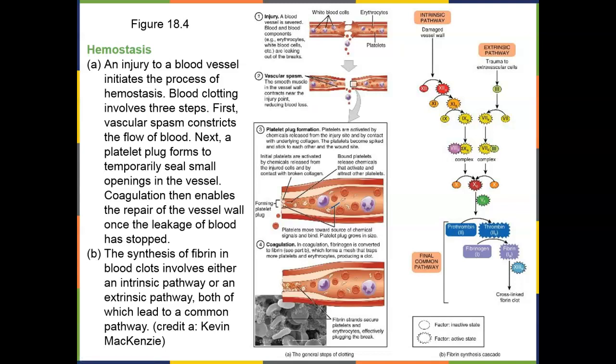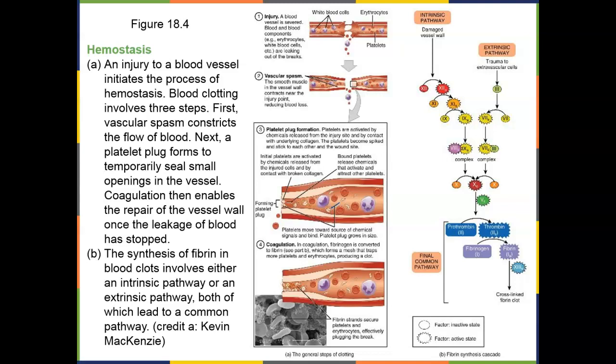So when you have damage to a blood vessel, this can be external damage, like you cut yourself when you were dicing potatoes, you nicked your finger and you started bleeding. Or it can be internal, where something inside the blood vessel damages the blood vessel and so you start bleeding internally.